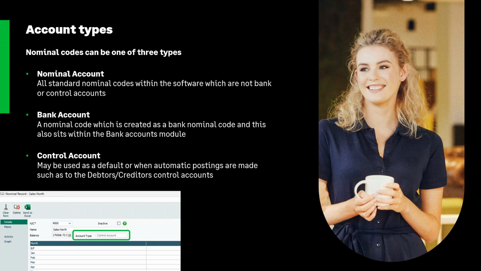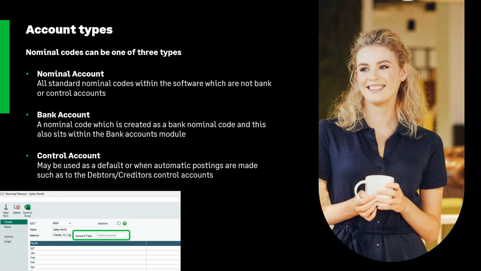So control accounts, which we're going to touch on a little bit later on, actually, we're going to pick on that next. But control accounts are either used as a default or, more commonly, are going to be used for automatic postings, and I'm going to try and explain that as we work through this session as well.